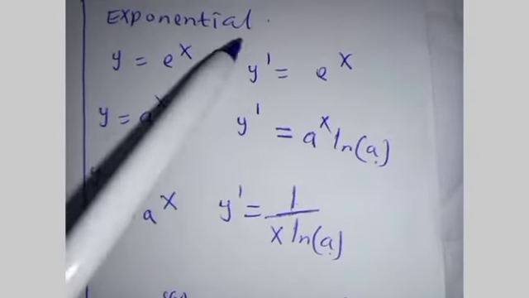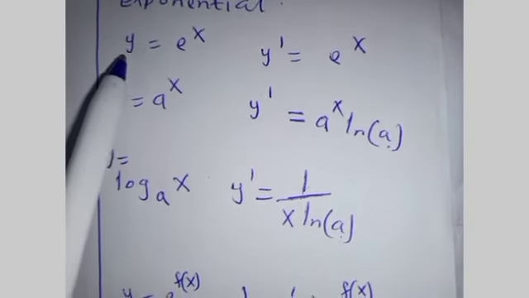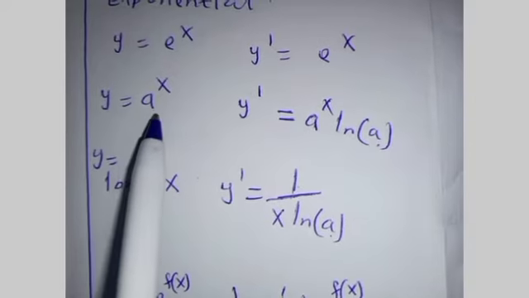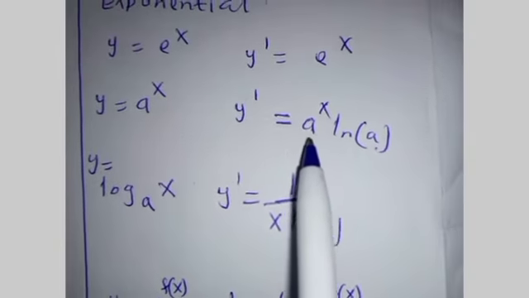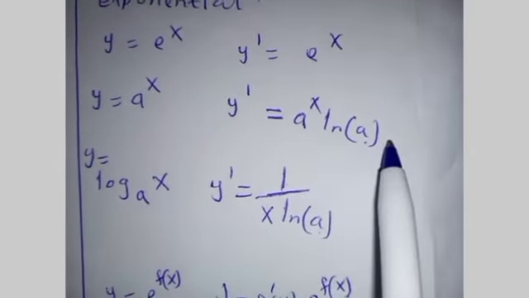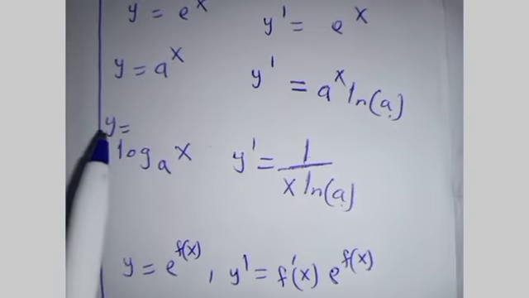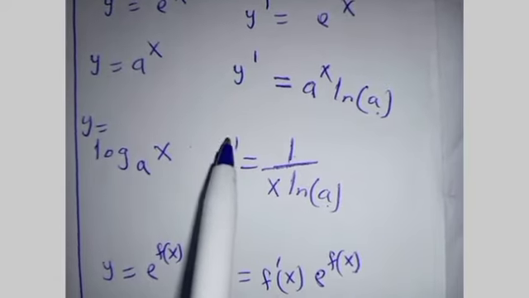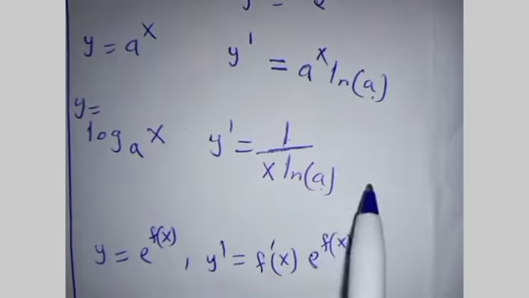Derivative of exponential function. So these are the rules. If y is equal to e power x, the derivative remains the same. If y is equal to a power x, where a is a constant, it is a power x ln of a. If y is equal to log base a of x, then y prime is equal to 1 over x ln of a.